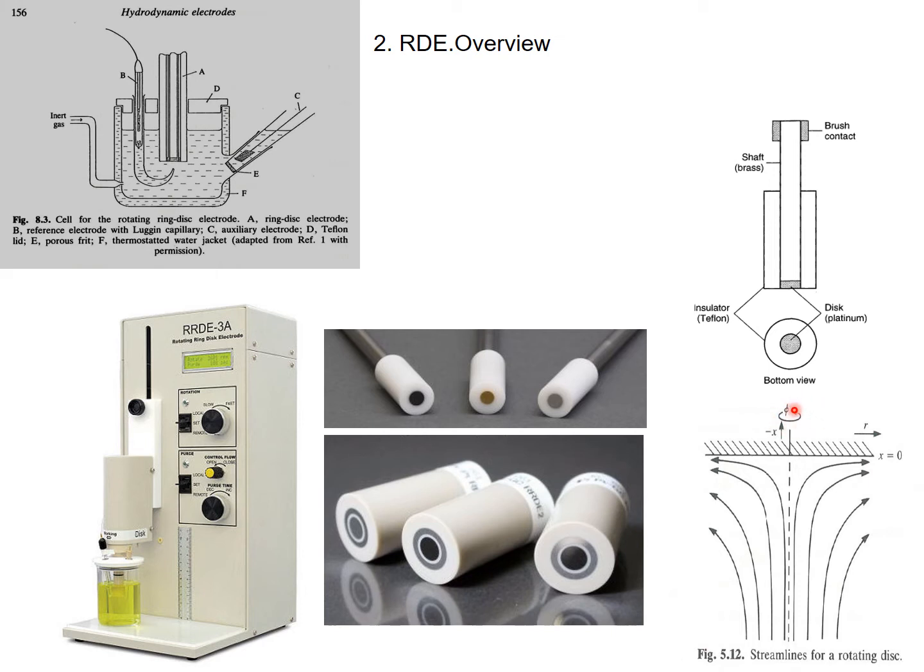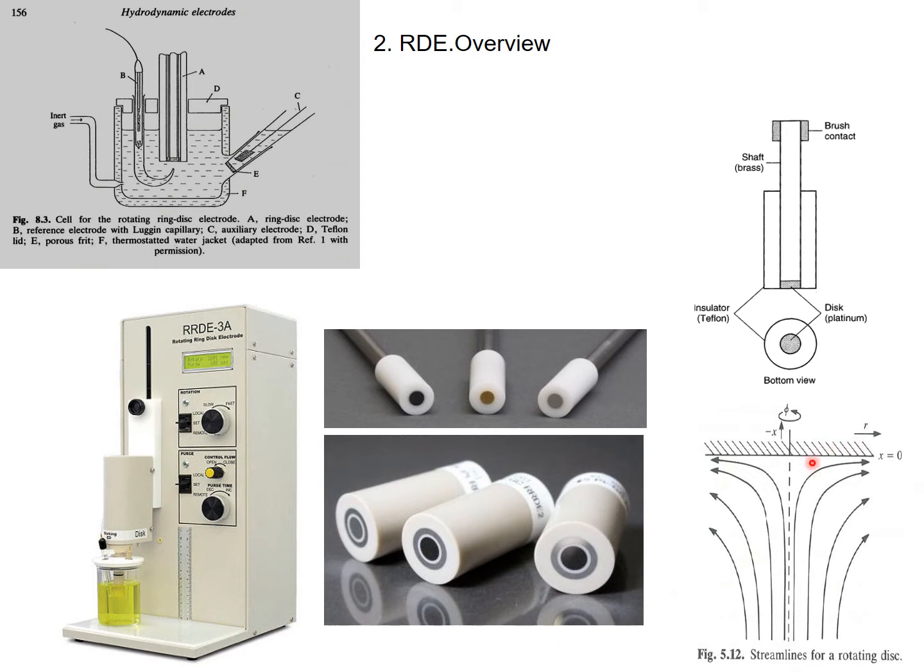Let me think about a single molecule sitting on the surface of the rotating disc electrode. This molecule is thrown away from the center to the outside of the electrode when you rotate the shaft of the electrode.